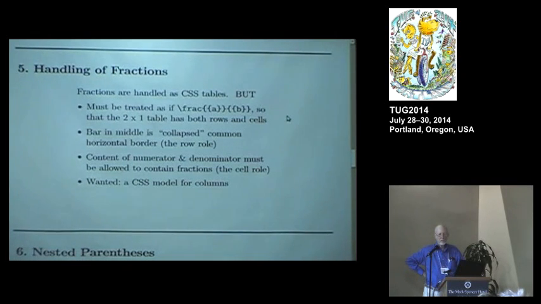But the fractions must be treated as if the original source is written as I've shown you here, \frac, double braces A and then double braces B. The point being that the outer braces correspond to something that has CSS display type table row, and the inner braces corresponding to something that has CSS display type table column. You need both.